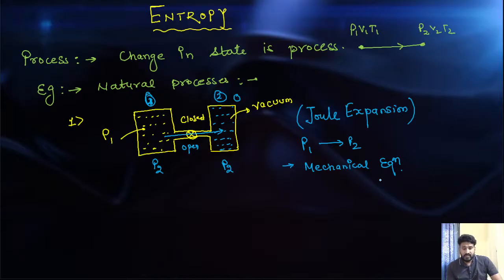Why, sir, are you stating all these things? We know what mechanical equilibrium is. Are you going to discuss mechanical equilibrium? No, I don't want to discuss mechanical equilibrium. My aim in defining all these things is that in nature every process wants to be in equilibrium, guys.